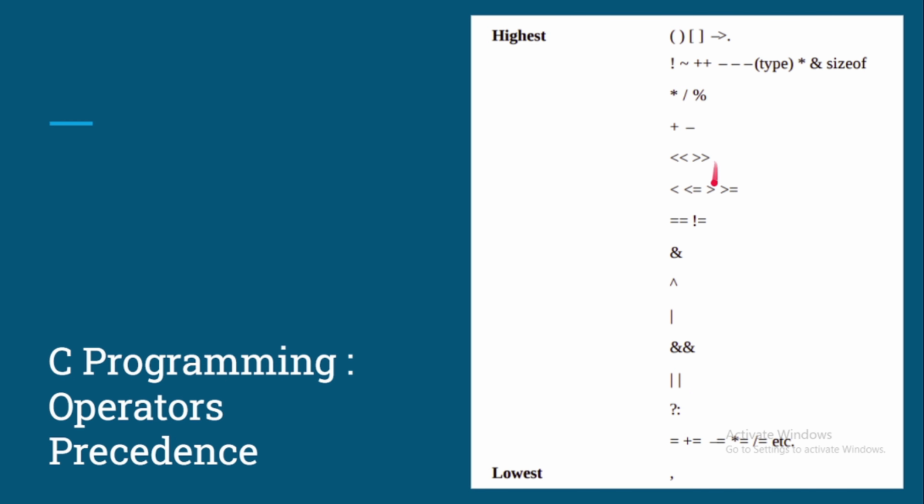This could be because we are not properly using brackets, or we are not properly understanding the order of operators, and that leads to false results. Like when we mix plus plus with multiplication. So we need to take care that we properly follow brackets and the order of operators in our code, so that we can prevent such issues. This was a very quick and basic topic to learn.